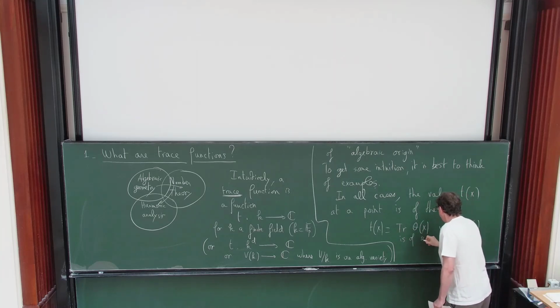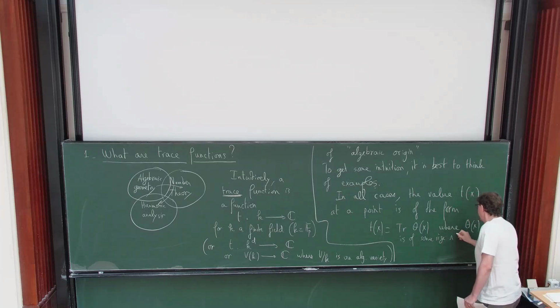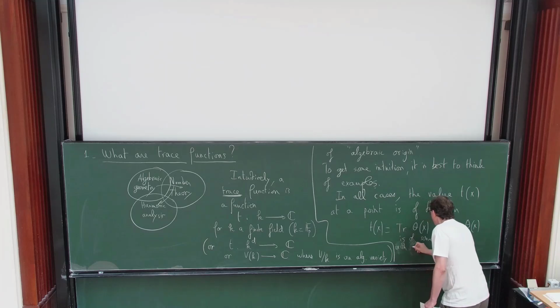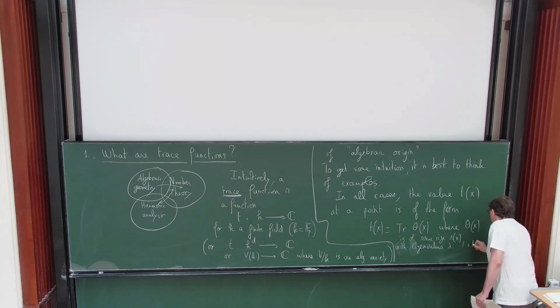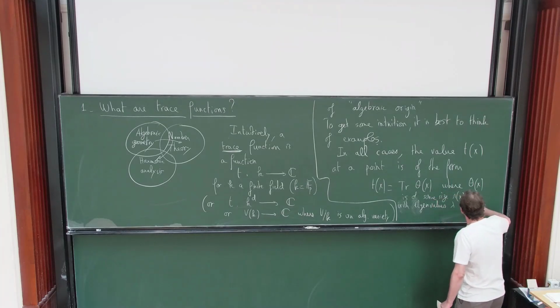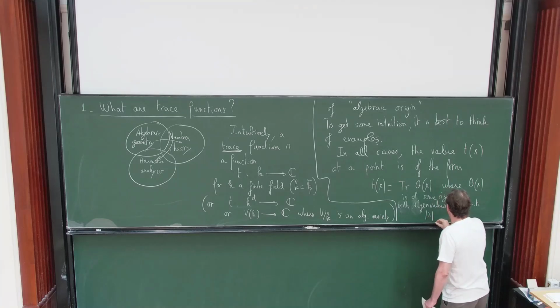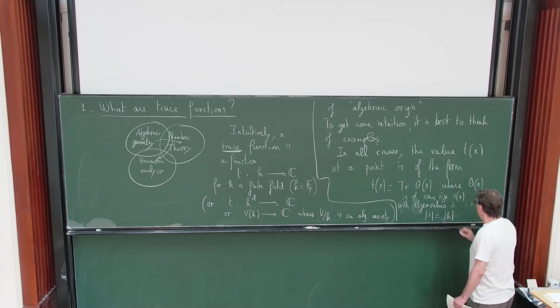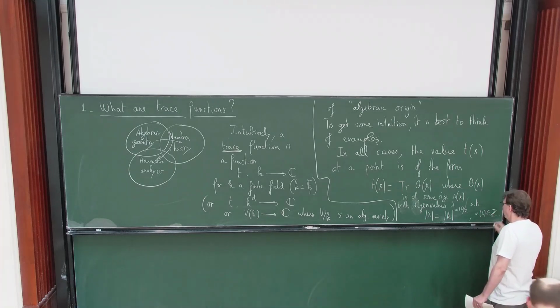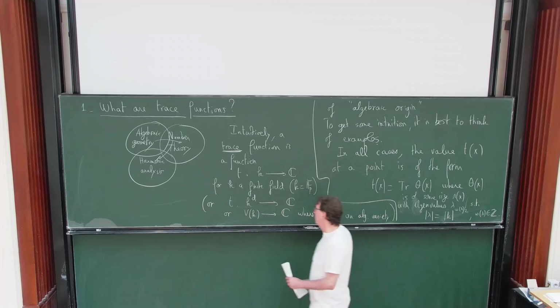It's a square matrix of some size which a priori can depend on x, and all its eigenvalues, which are not completely arbitrary complex numbers, lambda, have to have the property, in the cases we care about, that the modulus of lambda is always the cardinality of the underlying finite field raised to a power which is w(lambda)/2, where w(lambda) is an integer. So these are far from being completely arbitrary complex numbers.